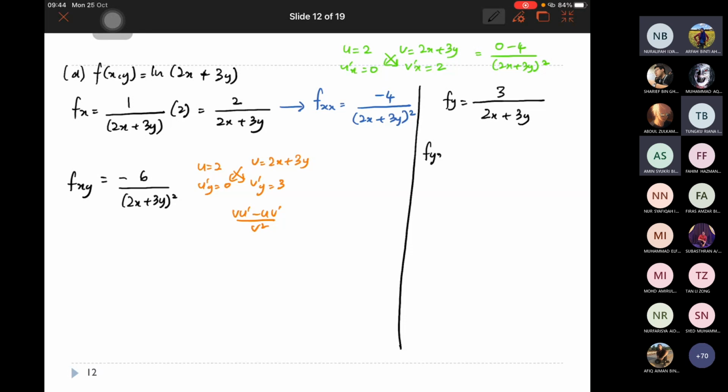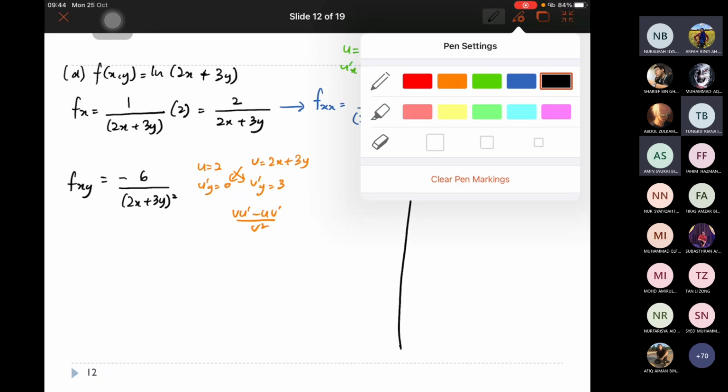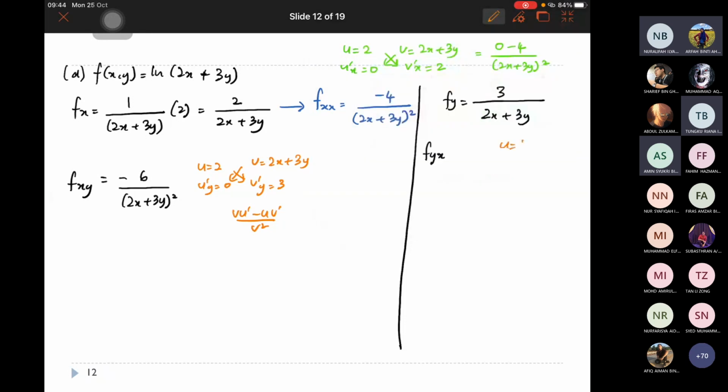Then this one nak dapatkan fyx. U equal to 3. V sama dengan 2x tambah 3y. U prime x sama dengan 0. V prime x equal to 2.